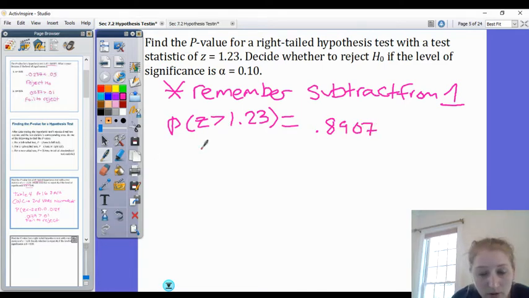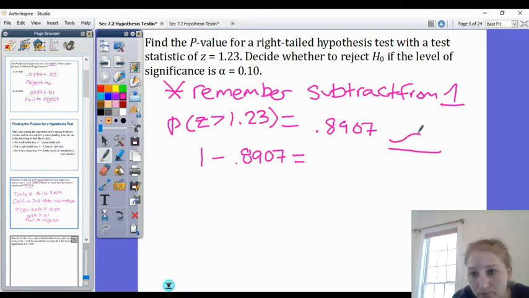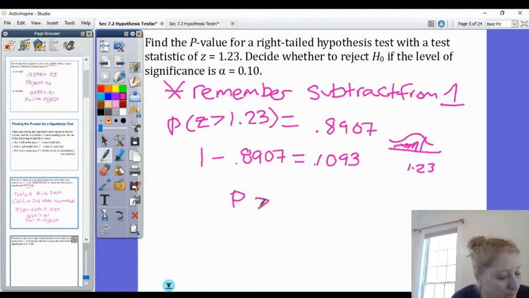But then I need to subtract 1 minus 0.8907, because remember, at 1.23 the area I found is this area, but we want everything to the right, so we want this over here. When I subtract that from 1, I'm going to get 0.1093. And since that probability is greater than my alpha, I'm going to fail to reject.